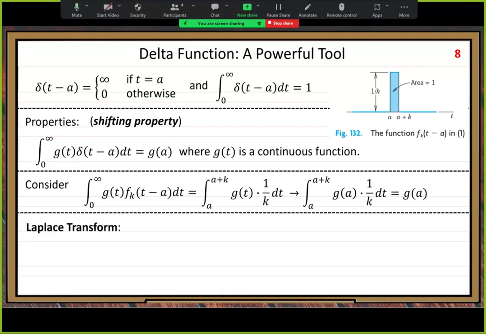Then we can do the Laplace transform. Now we do the Laplace transform so we can calculate our real-world application questions. The Laplace transform of the delta function at t minus a equals e to the negative as. So simple.